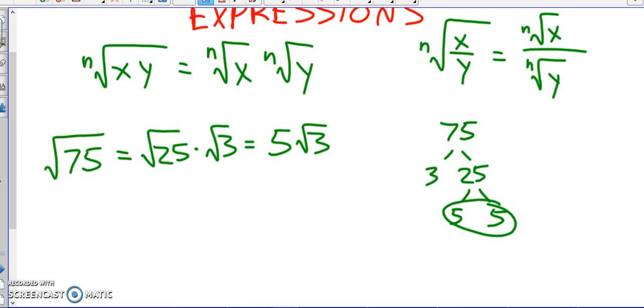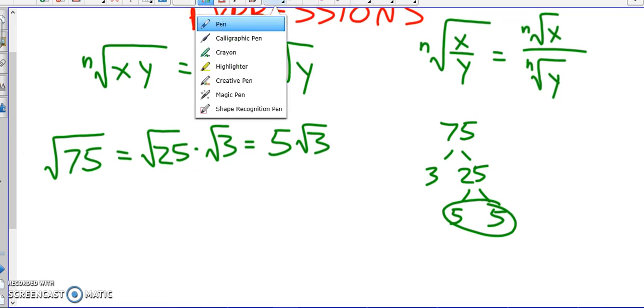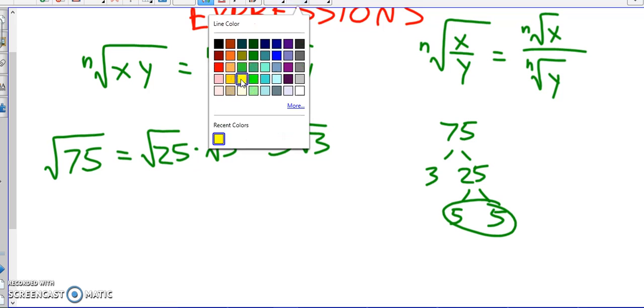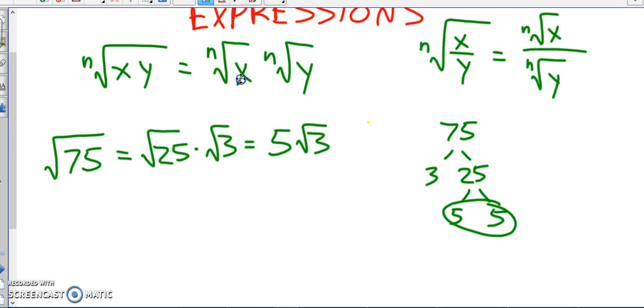And then that 5 goes on the outside, and then that 3 goes on the inside. So anyway, this 5 comes here, and that leftover 3 goes there.